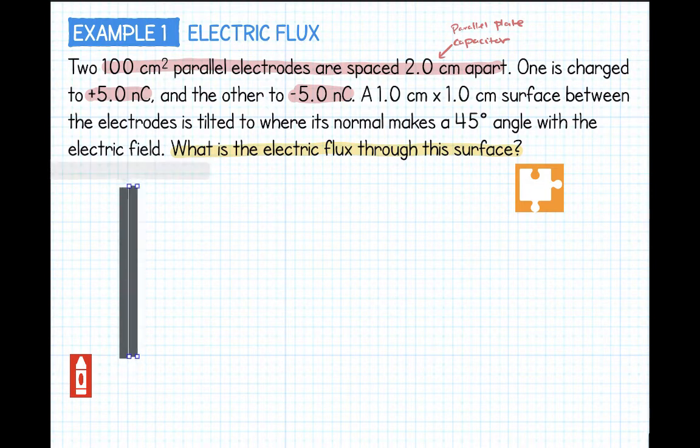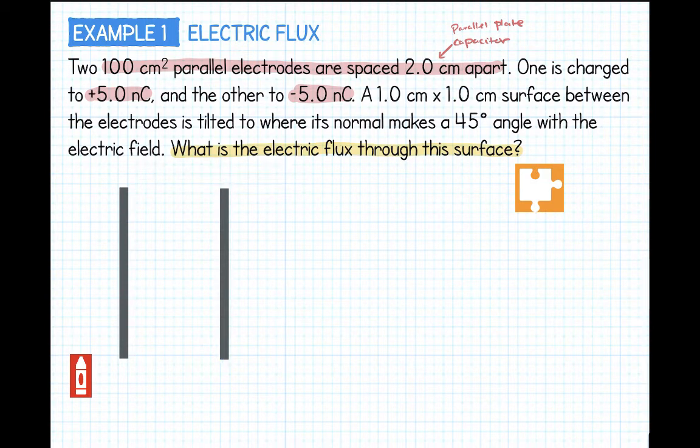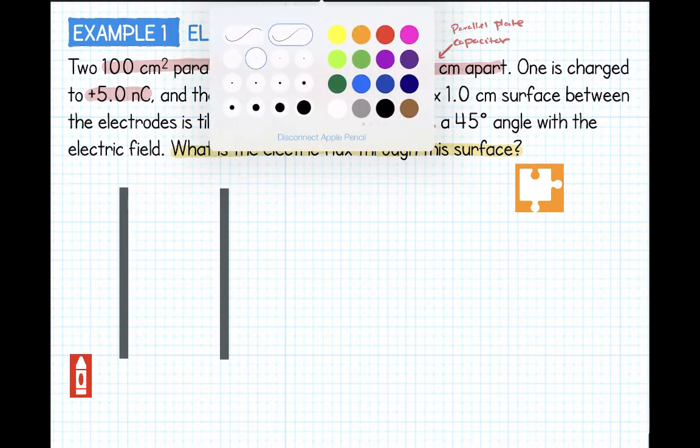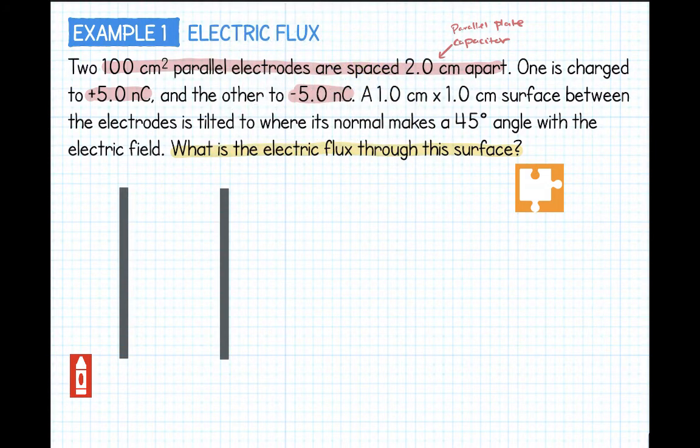So we're going to start by drawing this parallel plate capacitor. We have two parallel plates. On one side, we have positive charges, so plus charges. And we'll call this plus Q. And then on the other side, we have negative charges.